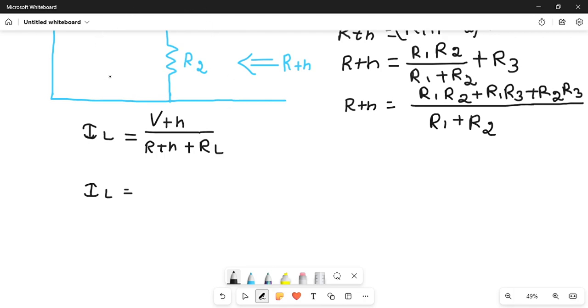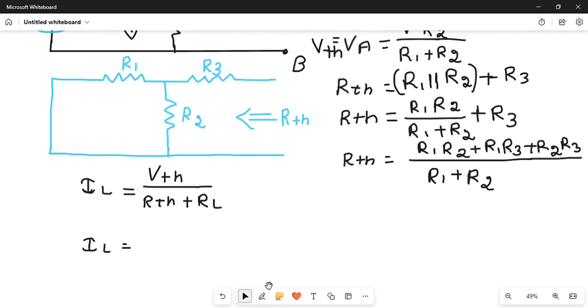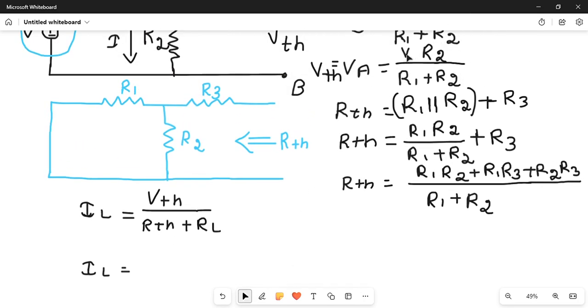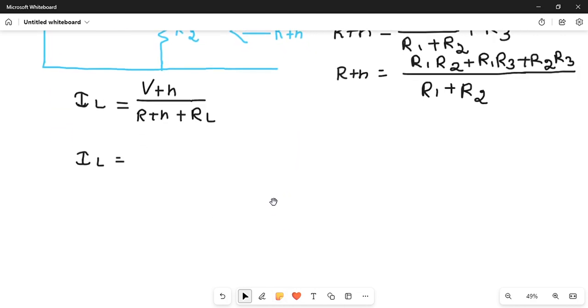Your VTH is nothing but V into R2 divided by R1 plus R2. Can we substitute that? Yes.